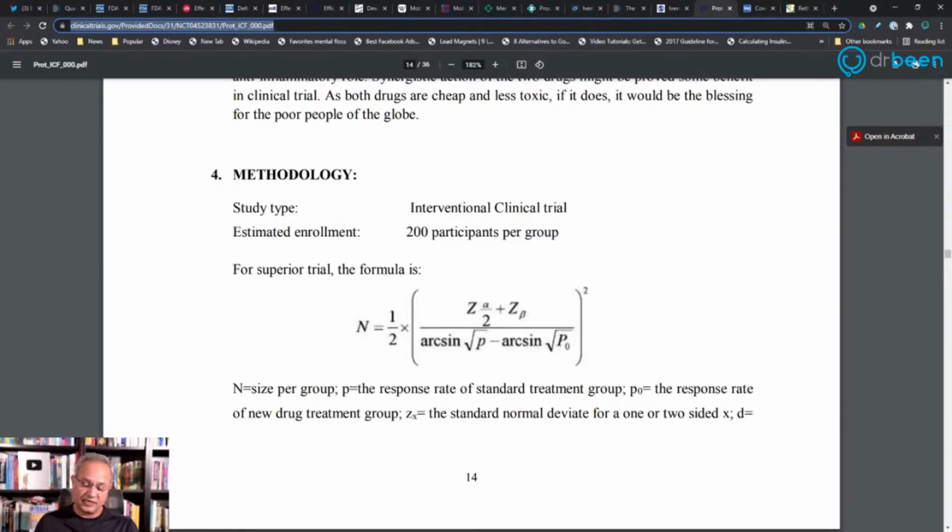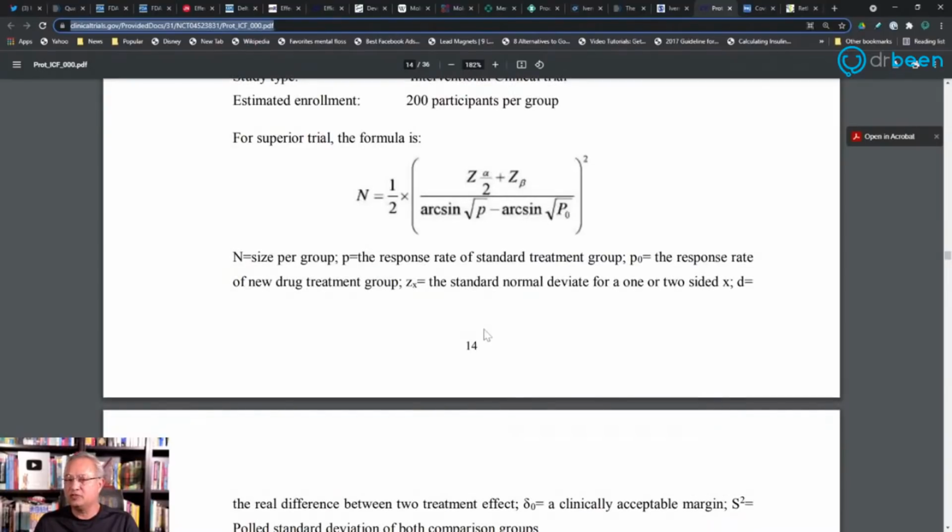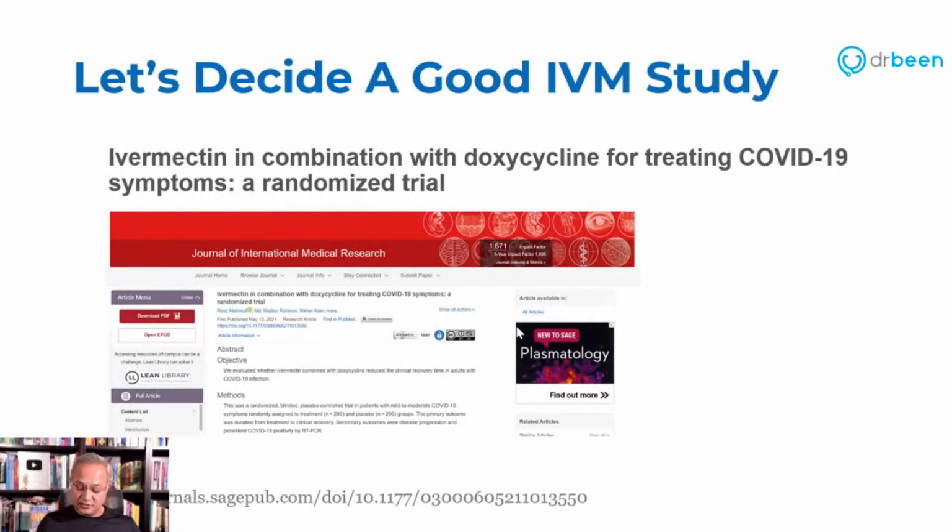So here, study type, interventional clinical trial, estimated enrollment 200. For superior trial, the formula is the following. And they said we use this formula to calculate the numbers. So it's not that they just made up 200 I should have here and 200 I should have there. It is a similar way that, let's say, Molnupiravir or Remdesivir or others would have. Now let's look at some comparisons.